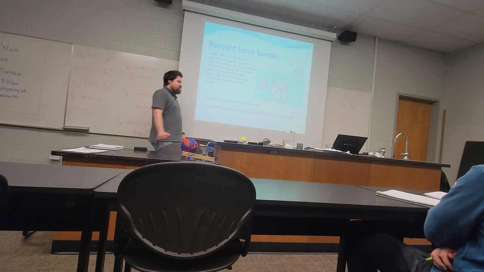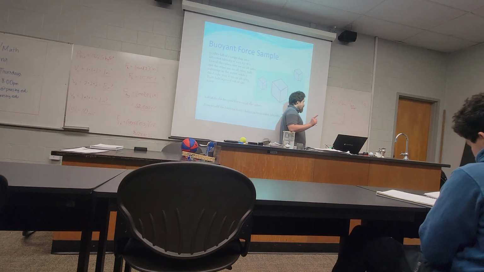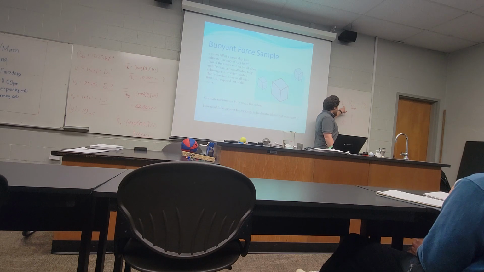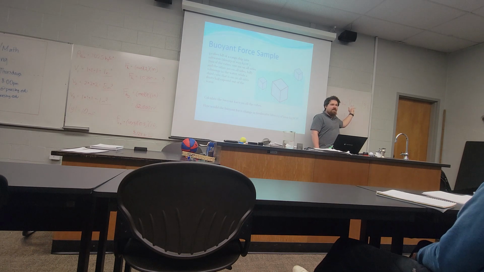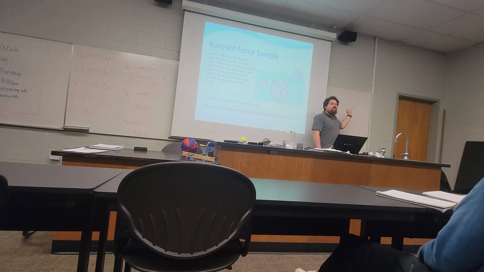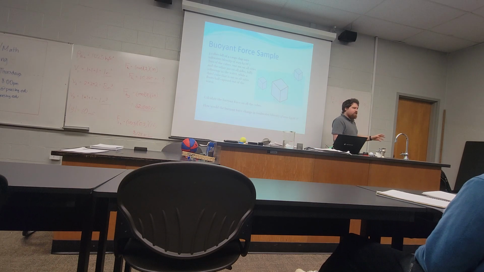So, remember, the rules for this formula, you need the density of the fluid, because the fluid is the thing that is creating the buoyant force. If you know the density of the solid object, great, but this is not the formula you use it in. That's because the solid object is not generating its own buoyant force. The water is generating the buoyant force, so we care about the water's density for this part.